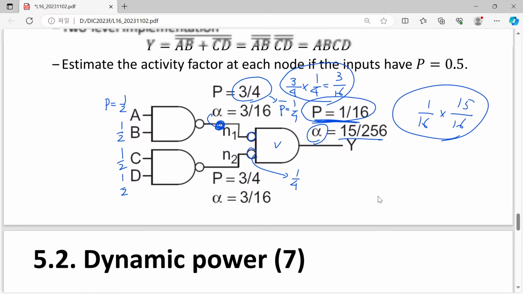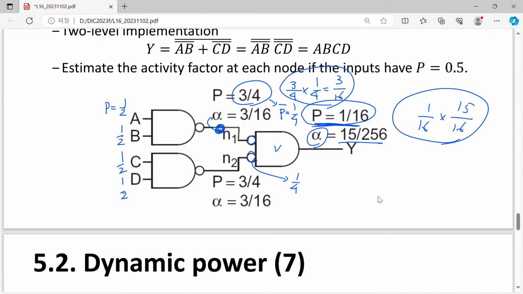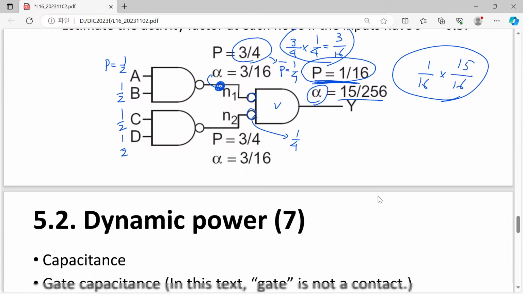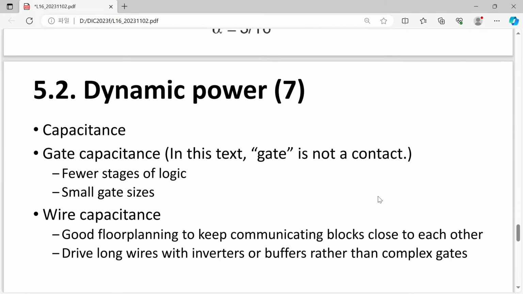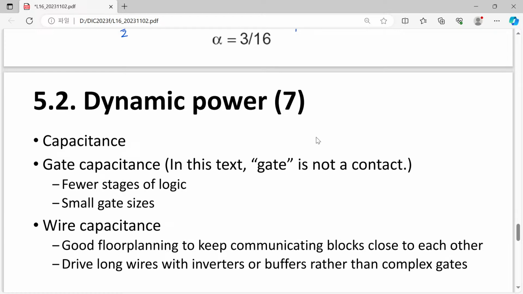But the general point is shown here. Up to now, we have considered alpha, and in the remaining time, we will consider other factors in this case, C times V squared and f.